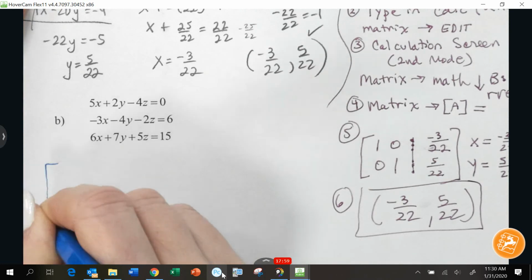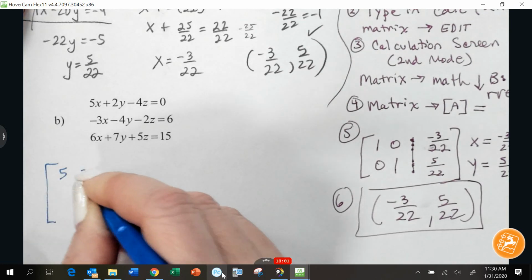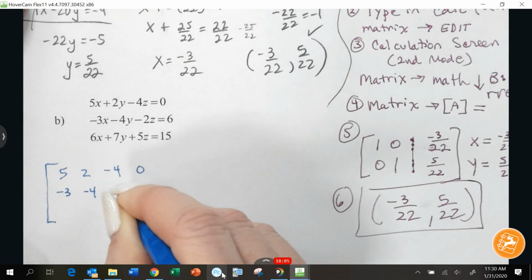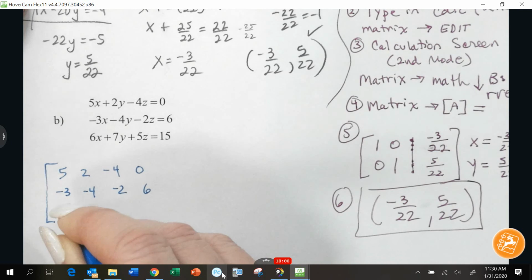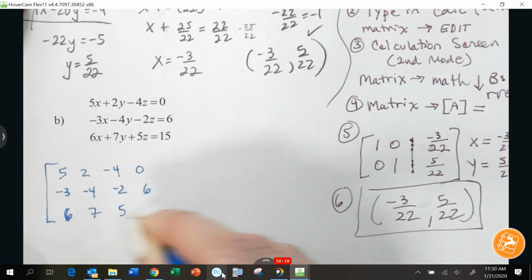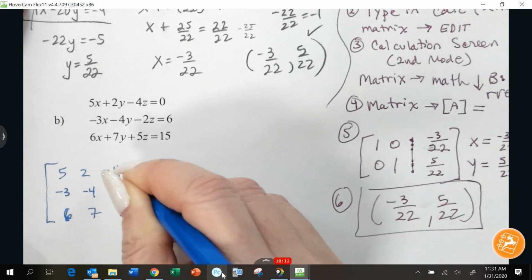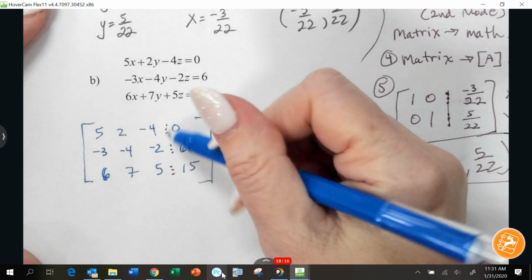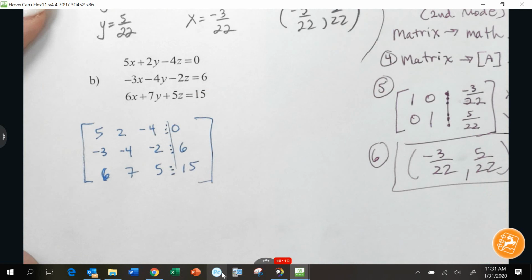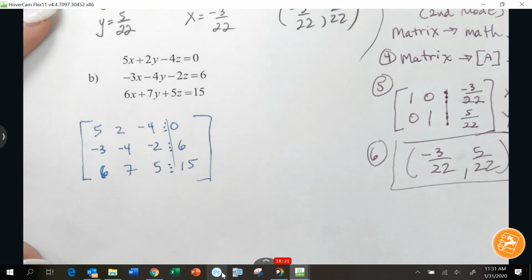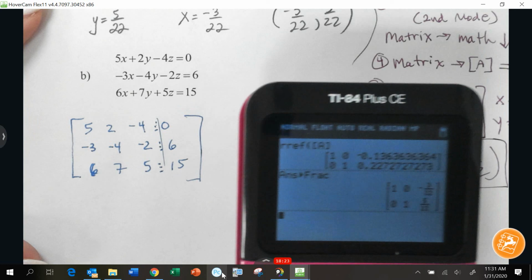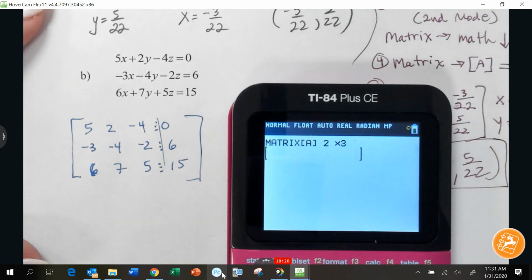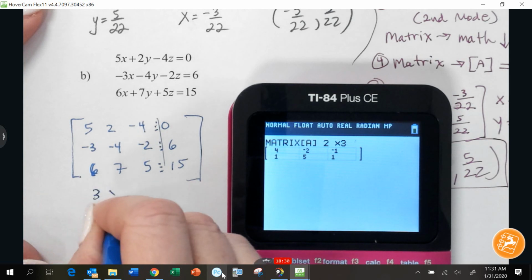First, augmented matrix. Next, put it in your calculator. Ooh, what is this? A 3 by 4.